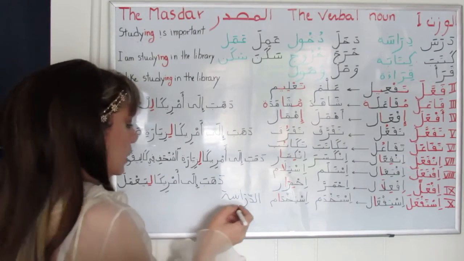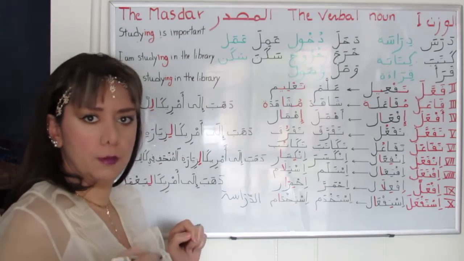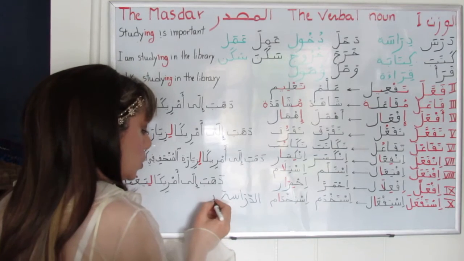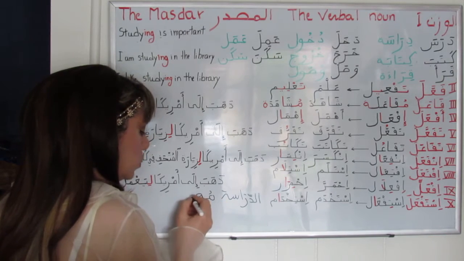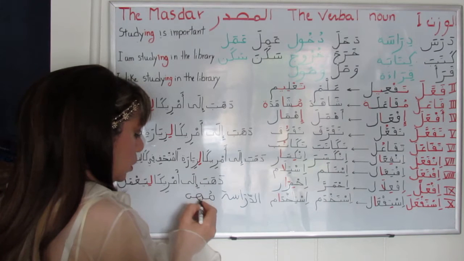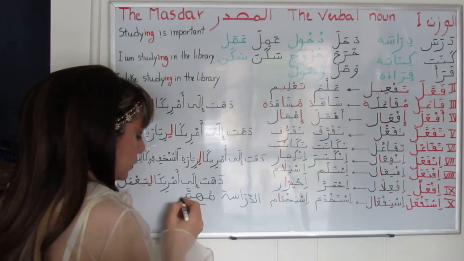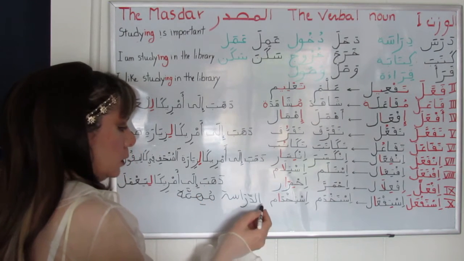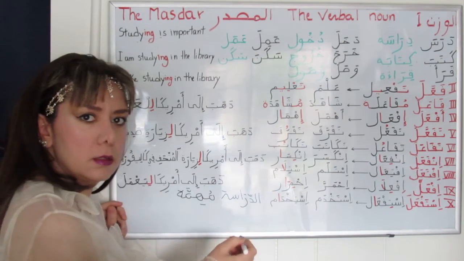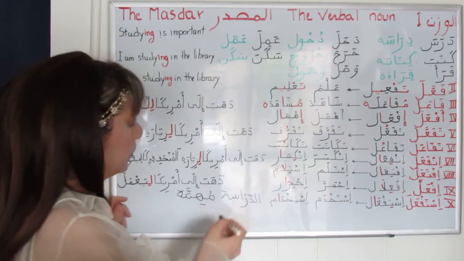Muhimma. Since ad-dirasa is feminine, muhimma, important, will be in the feminine form also. So here, the verbal noun is a subject.